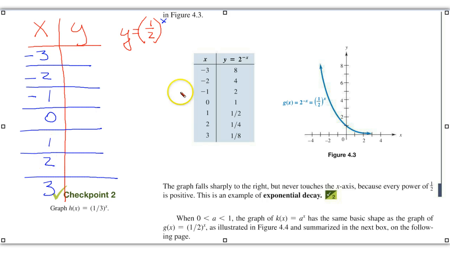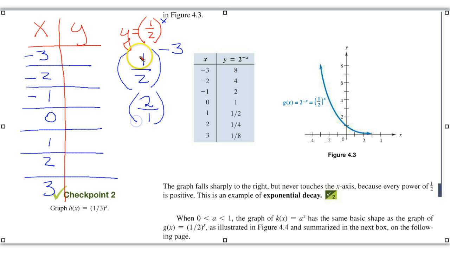Well, again, let's make a graph. So setting up a t-chart, which is what they have here, if we have 1/2 to the -3 power, we said that when it's a negative exponent, we can flip this, and this would be then 2 over 1, taking the reciprocal of this, and that makes that a 3.